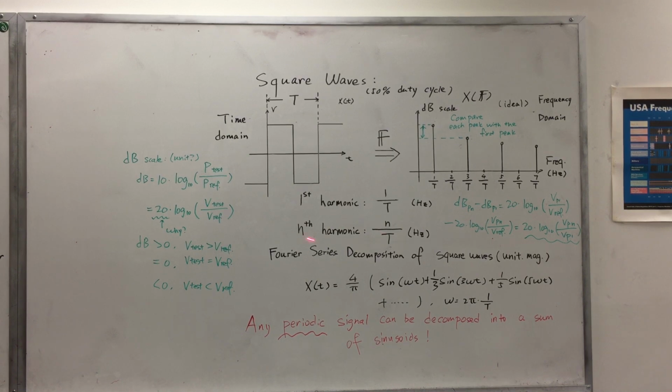The nth harmonic, where n is typically an integer, means integer multiples of the original frequency. So the third harmonic means 3 times the frequency, and the fifth harmonic means 5 times the original frequency. So from theory, we know that a square wave is really made up of odd harmonics.